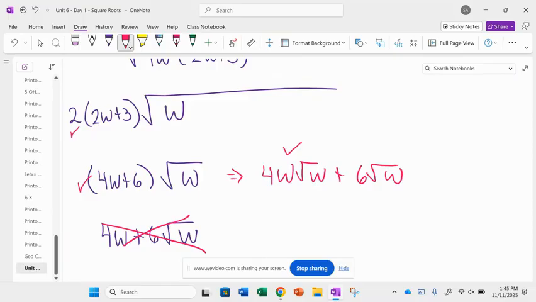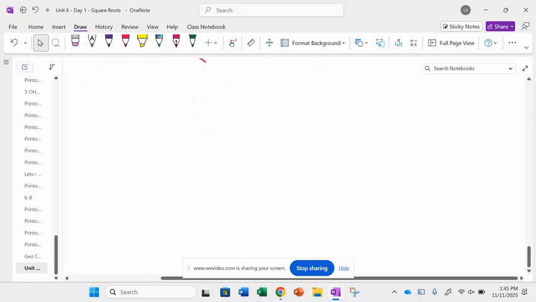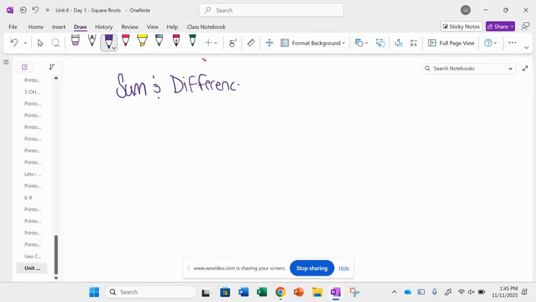Okay, let's talk about adding and subtracting radicals. And again, guys, all our variables are going to be greater than or equal to 0, so you don't have to worry about any negative variables.